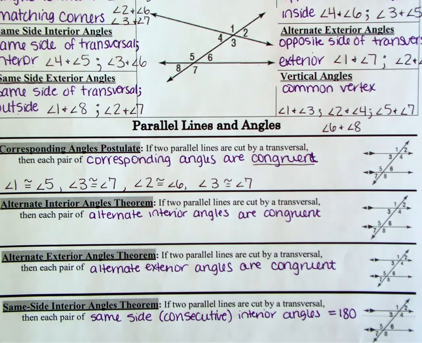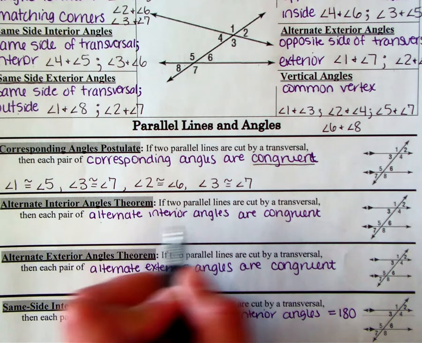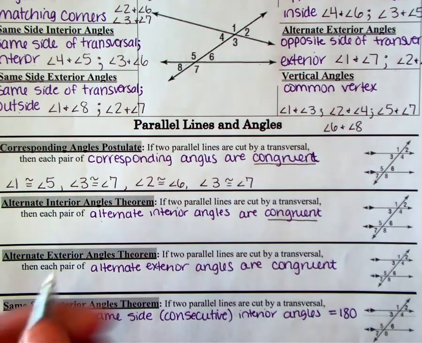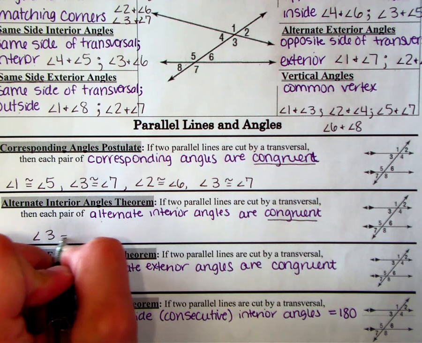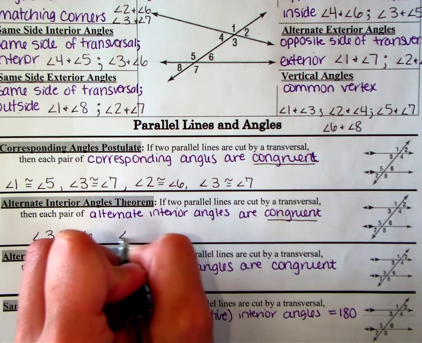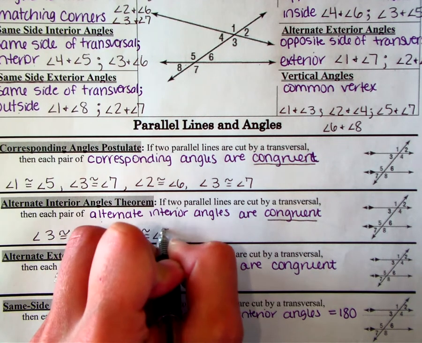Alternate interior angles: if two parallel lines are cut by a transversal and they create pairs of alternate interior angles, we say that those alternate interior angles are congruent. So we would say angle 3 is congruent to angle 6 and angle 4 is congruent to angle 5.